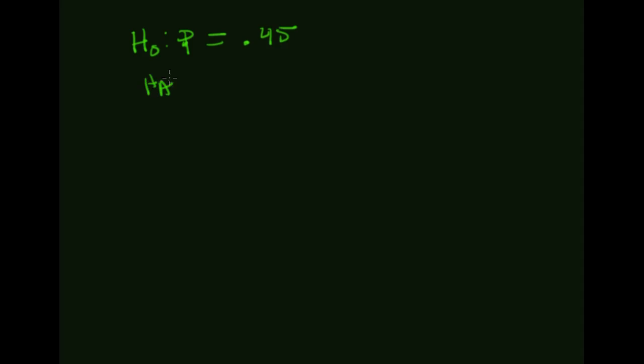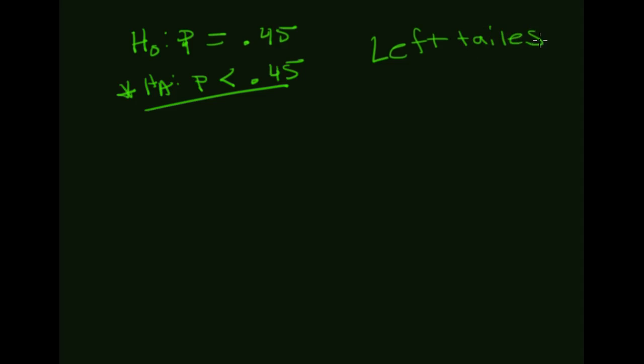The alternate hypothesis is that the proportion that's happy with the venue is less than 45%. Note here, my alternate hypothesis represents the claim. This is a left-tailed test, so if there's error, it's going to be to the left-hand side.